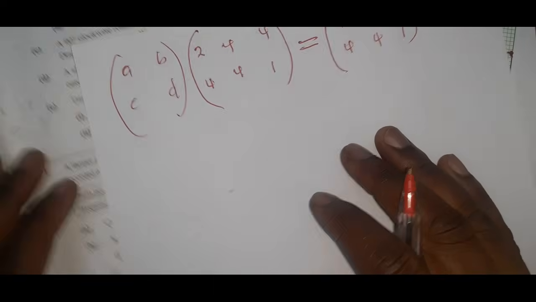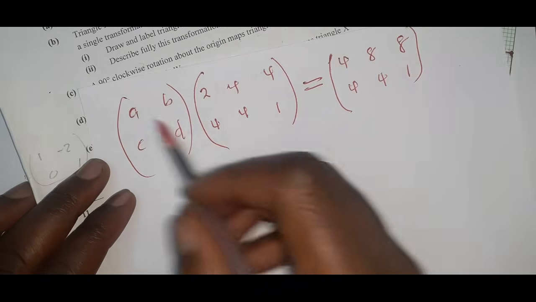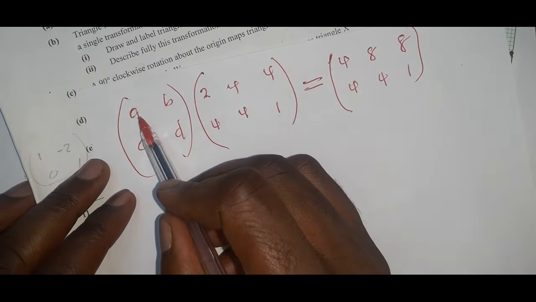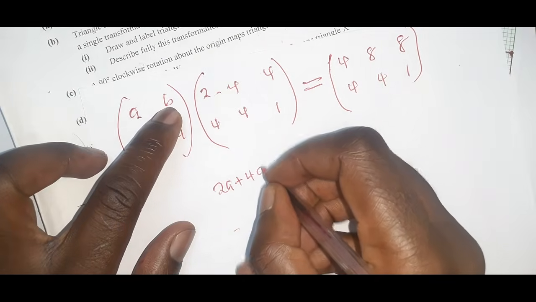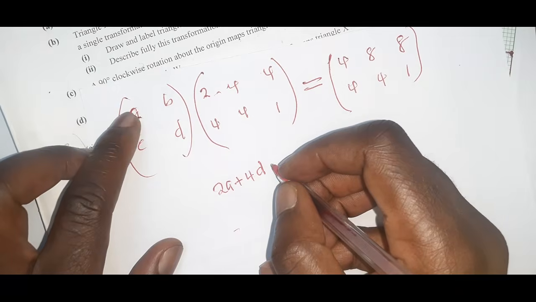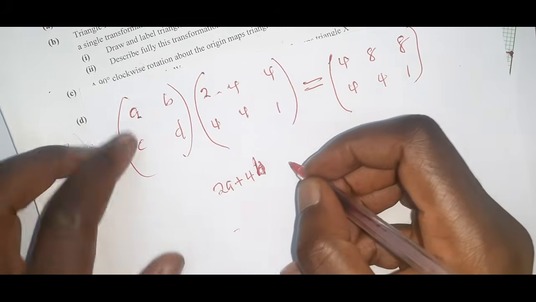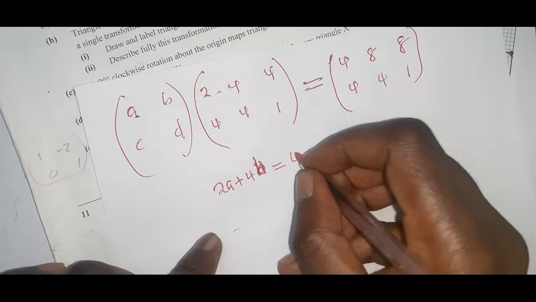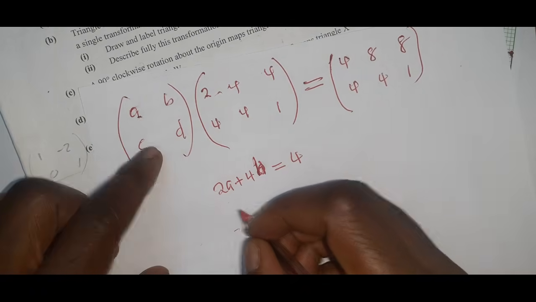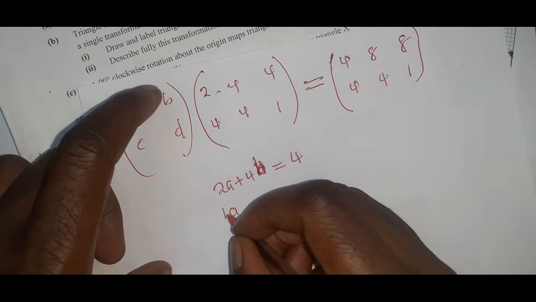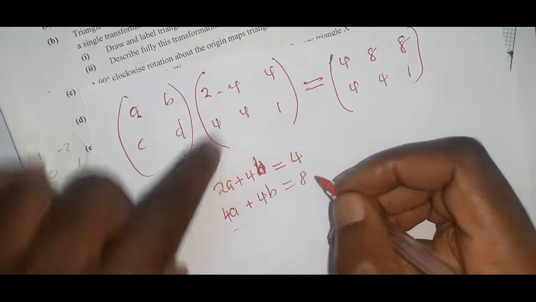Okay. Then we try to form two pairs of matrices that will help us to solve simultaneous equations. Like for instance, this is 2A plus 4B, this is B here, 4B, this must be equal to 4. Now we can come to another one, which is 4A plus 4B is equals to 8.